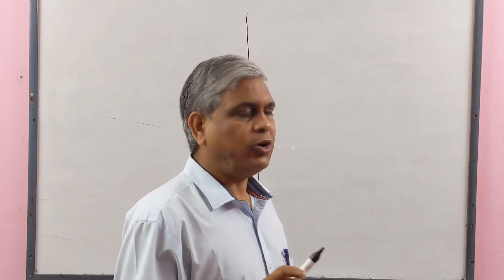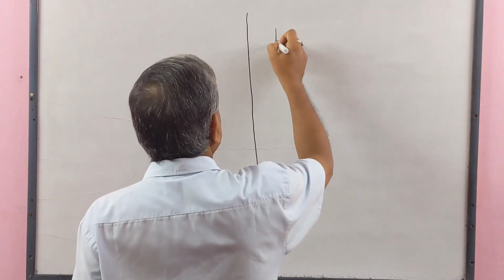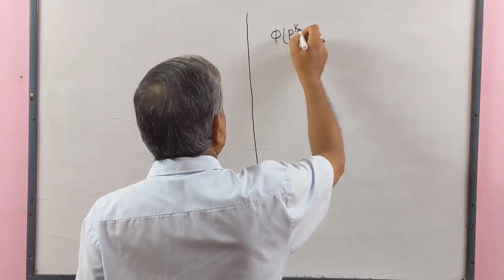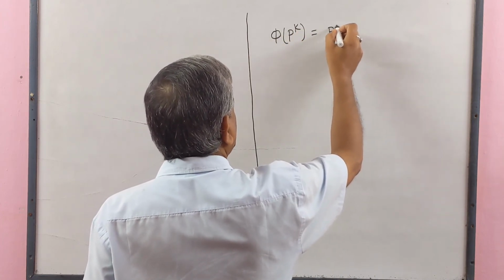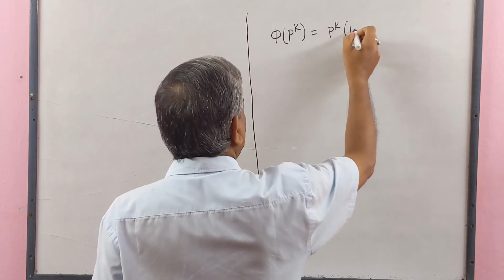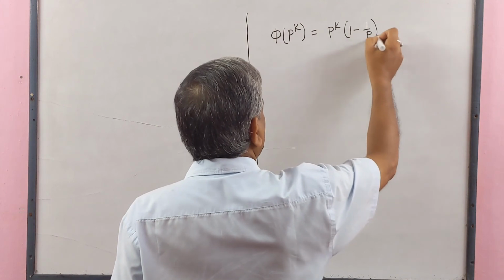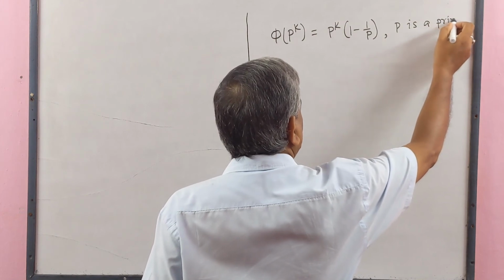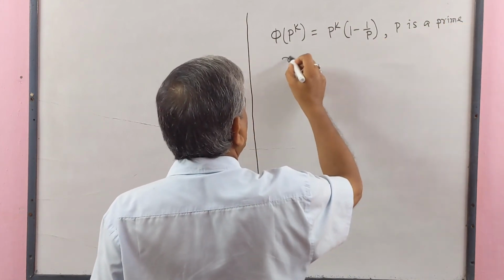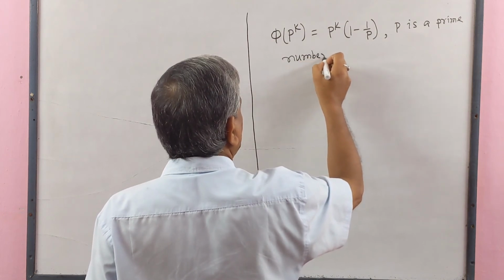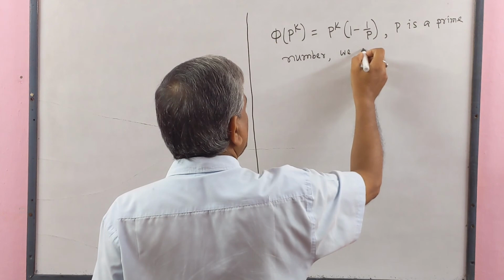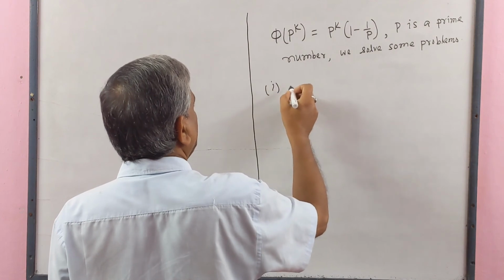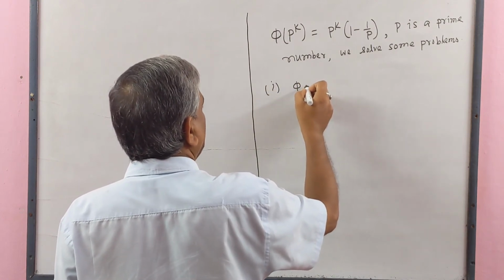Now, with the help of the formula for Euler's phi function, phi(p^k) equal to p^k times (1 minus 1 by p), where p is a prime number, we solve some problems. Number 1, phi(16).